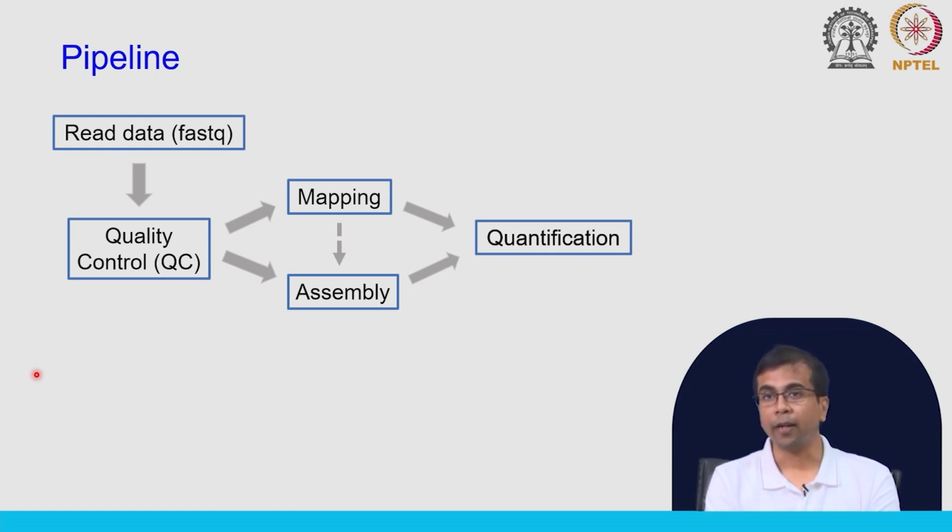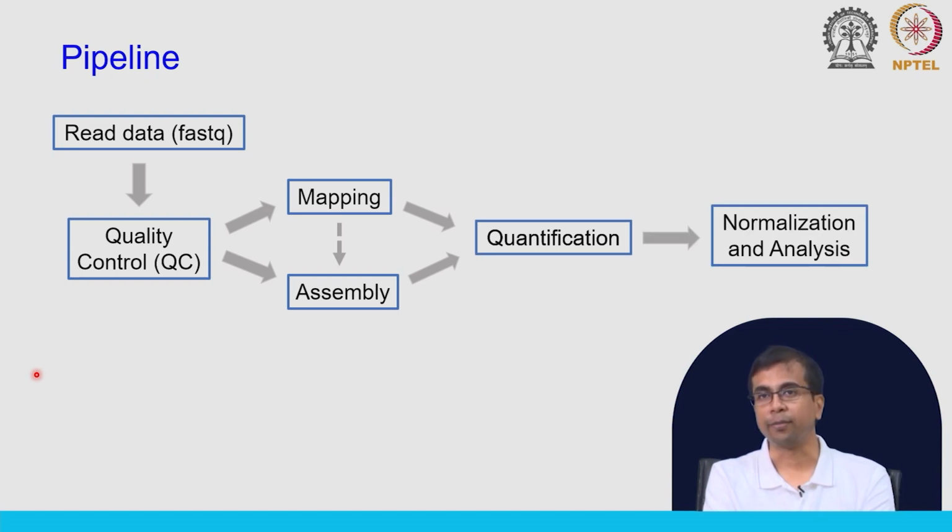Now, we have mentioned there are a lot of biases that are introduced when you actually do these RNA sequencing experiments. And to address these biases, we need to do something called normalization. We will discuss these normalization methods in the subsequent classes in much more detail. What it does is that it accounts for these technical variations and biases that are introduced during the sample preparation, handling and next generation sequencing.